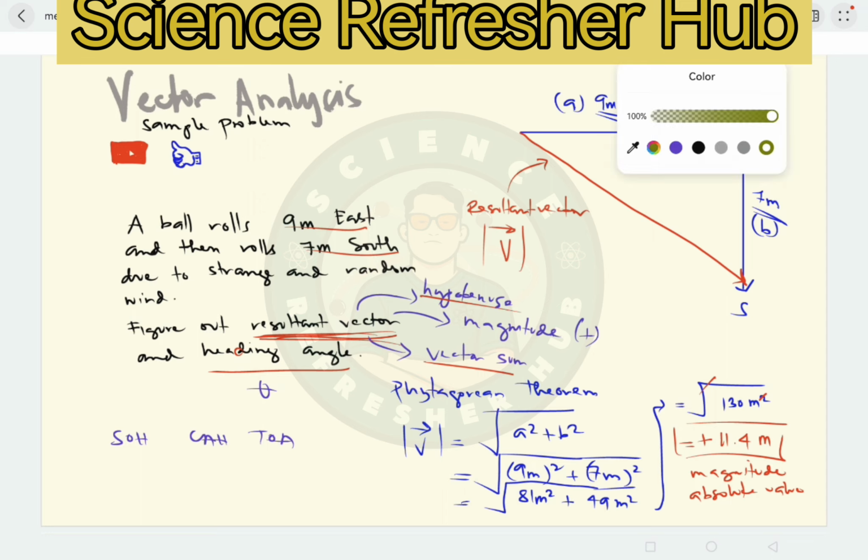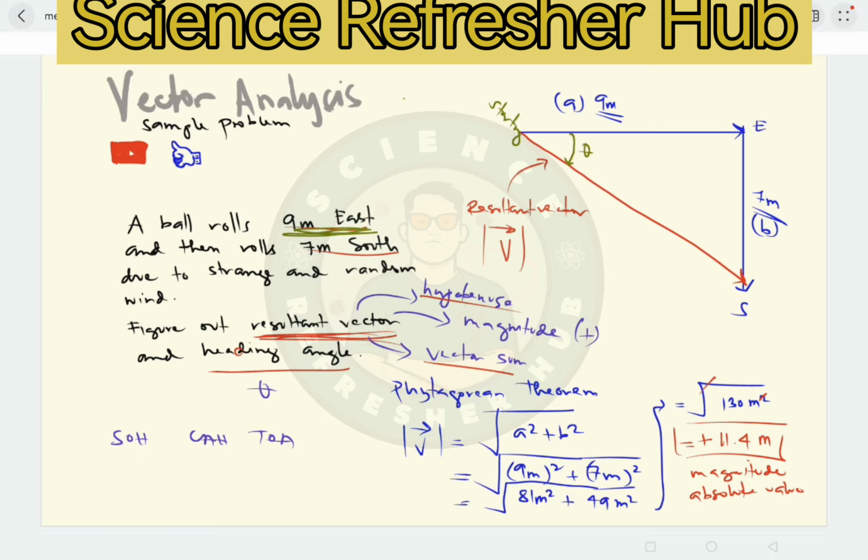As agreed during our discussion, we need to have our first vector as our reference direction. In our case, it started with 9 meters east. So we will be using this measurement of theta, or the angle here. This is the starting position.